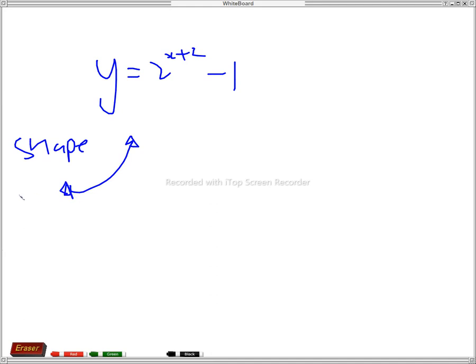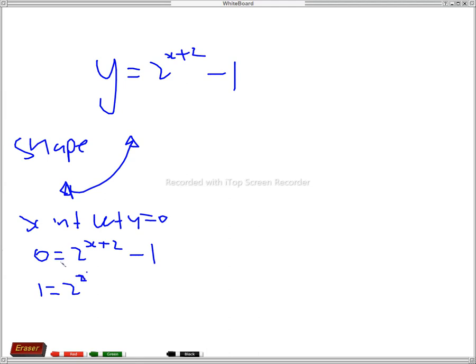So let's just go to the x-intercept. Remember, you let y be 0. So 0 equals 2 to the x plus 2, minus 1, and therefore you transpose 1 to the other side, it is going to be positive 1.